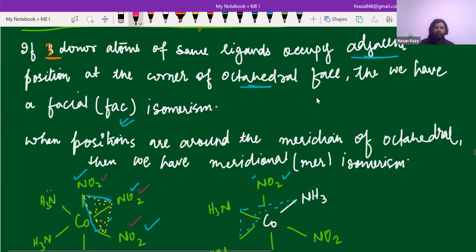If they occupy the meridian, meaning that in between these three you get another one, that is mer or meridional isomerism. Please write this point and then I will show you the example.